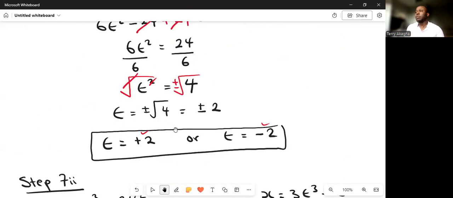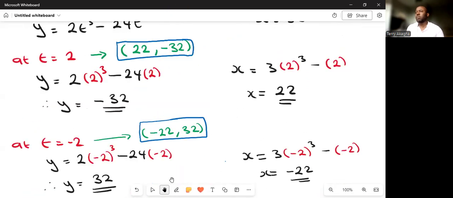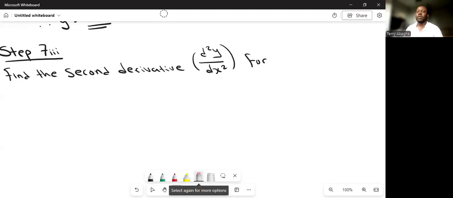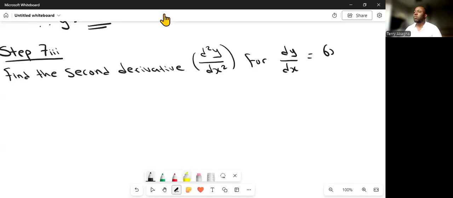So we're going to do that now. So dy over dx, which was equal to 6t squared minus 24 over 9t squared minus 1.